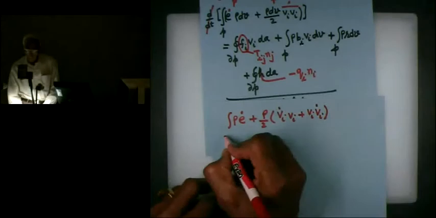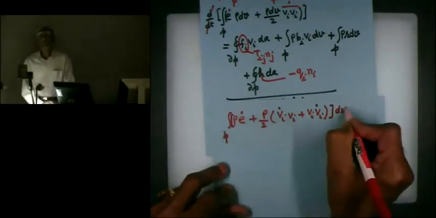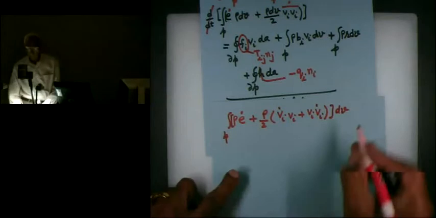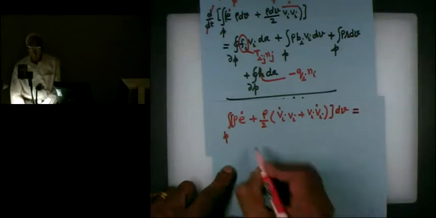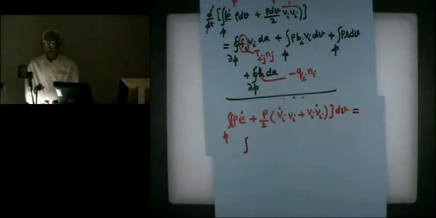And all of this is integrated over the volume. So this equals, we have here now Tij, Vi, Nj. This term is Tij, Vi, Nj.